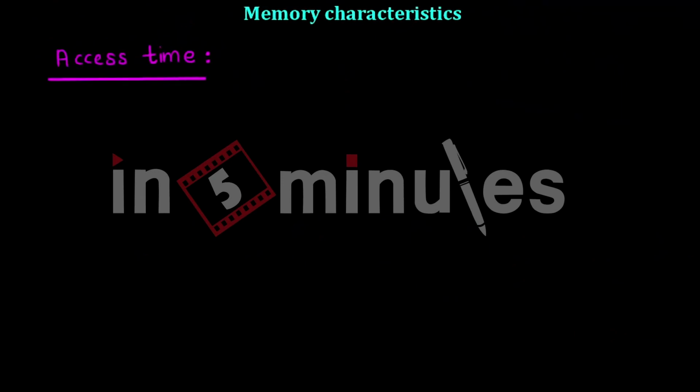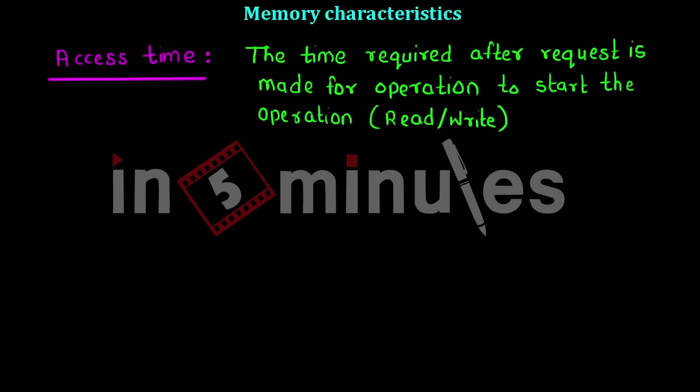Now we are going to look at the timing characteristics of memories, or the characteristics which affect the speed of the memory operations. The first characteristic is access time. The access time of the memory is nothing but the time required by the memory, after a request is made, for the operation to start.